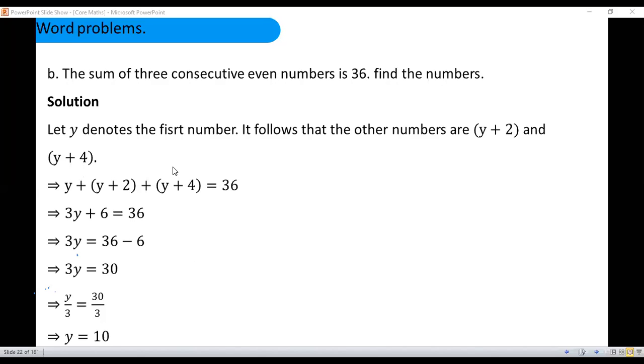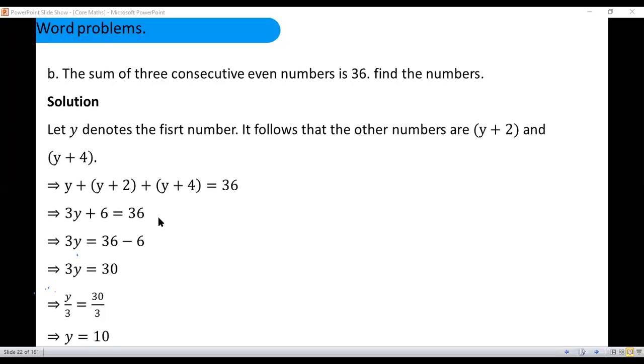Now these are the numbers: y, y plus 2, y plus 4. And the problem is saying that the sum of these numbers is 36. That means when I add these numbers, I'm going to get 36. So we have y plus y plus 2 plus y plus 4 equals 36. When we group like terms, we are going to have 3y plus 6 is equal to 36. That is y plus y plus y is 3y, 2 plus 4 is 6.